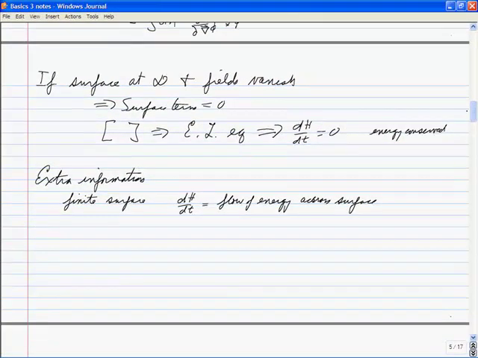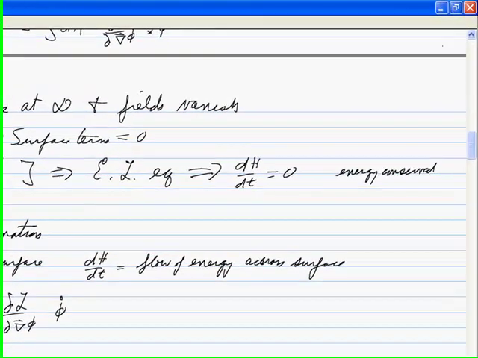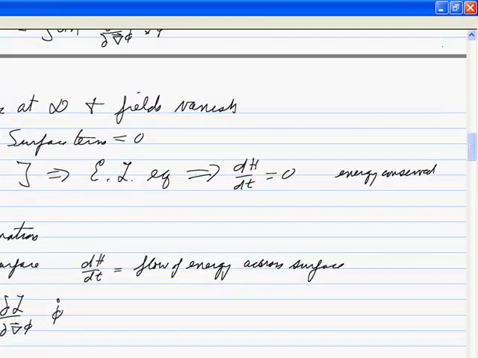If we define, I'll call it script P, the variation of Lagrangian with respect to del phi times phi dot, that's something that gives us the flow of energy.